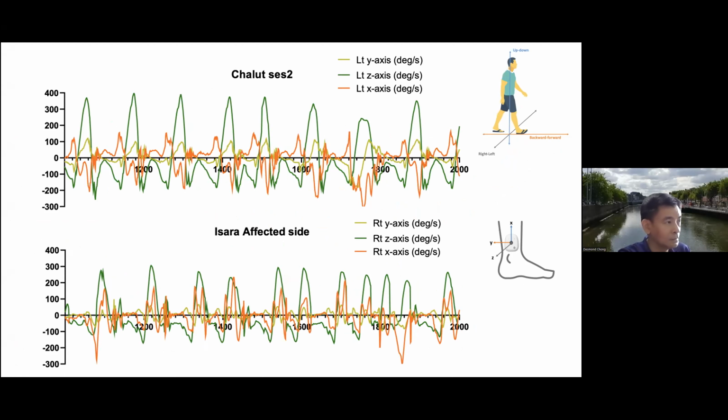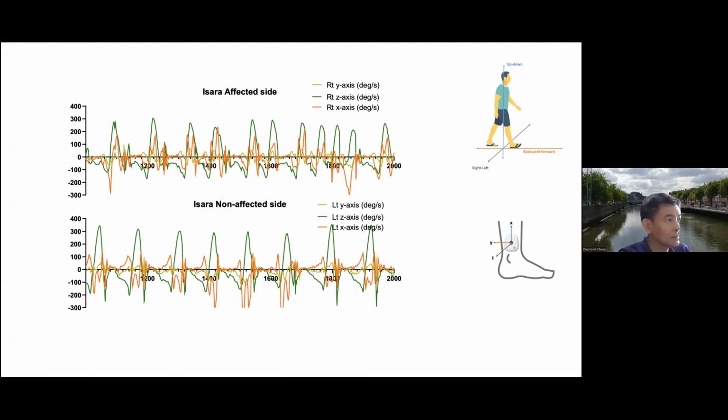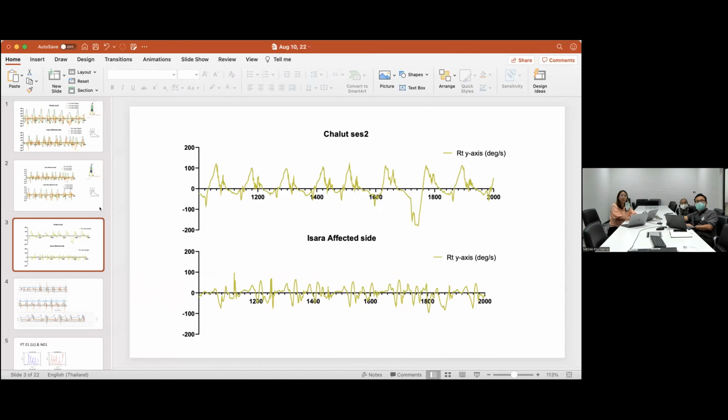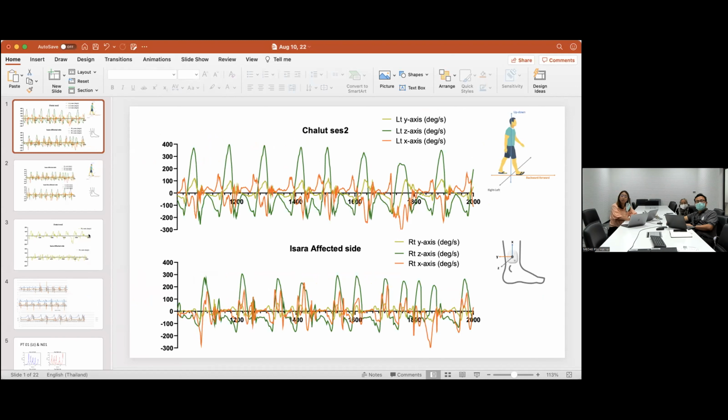Okay, how is it? This is the y-axis, x and z. Maybe this one, if you see the top one is normal, right?